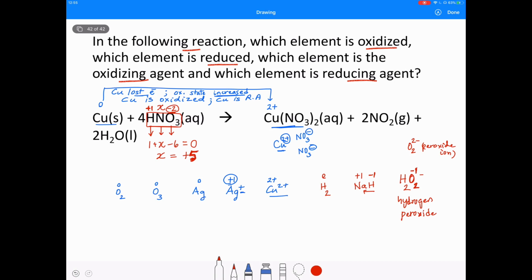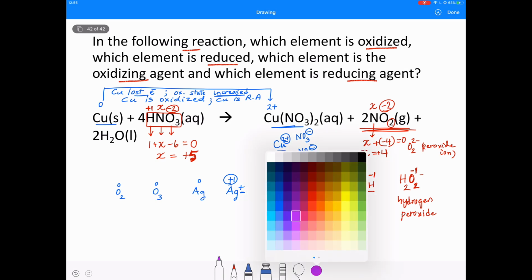Let's figure out the oxidation state of nitrogen in NO2. Oxygen gets -2 according to the rule. Let's assign nitrogen X. The sum, X plus 2 times -2, that's -4, should be equal to 0 again here. That means the X here is equal to +4.